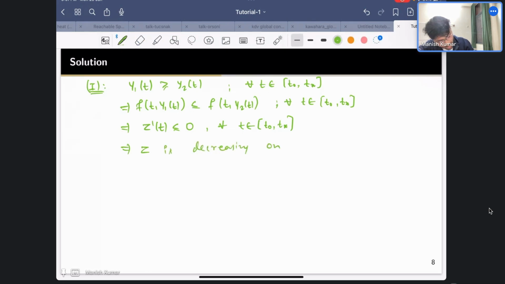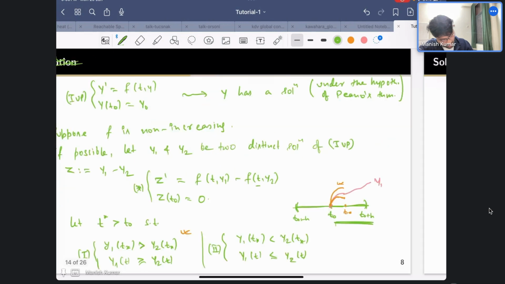On [t0, t*], this would give you that z at t* is less than or equal to z at t0, and z at t0, you know the initial condition, is 0.